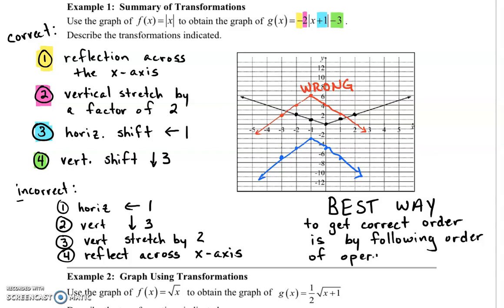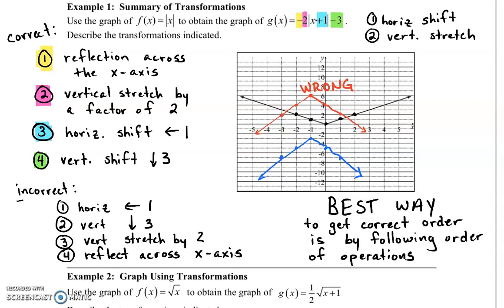So if I put x into this equation, the first thing I do should really be the horizontal shift. Because the first thing I do is parentheses, right? An absolute value acts like parentheses. So I should do the horizontal shift first, because when I plug a number in, that's the first thing I'll do. The second thing I will do is the vertical stretch, because I would multiply that 2 next.